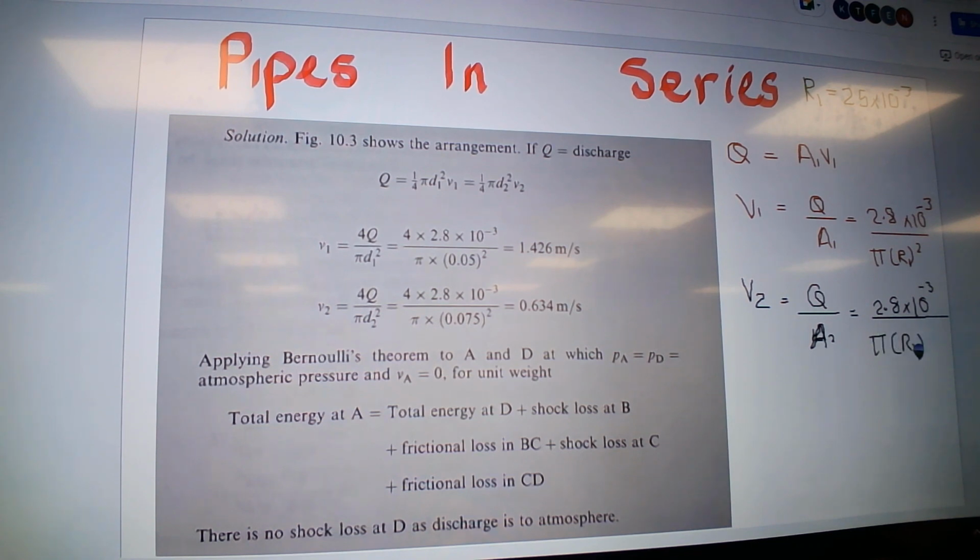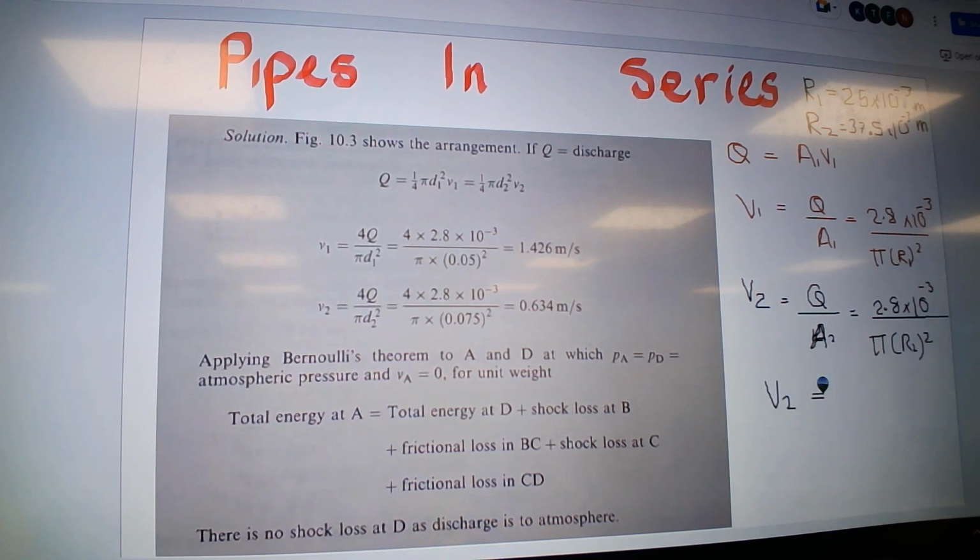And R2 is given as a diameter of 75, so we do 75 divided by 2. That is 37.5 times 10 to the minus 3, minus 3 because we want to convert that into meters. And we will have a velocity 2 there as well.